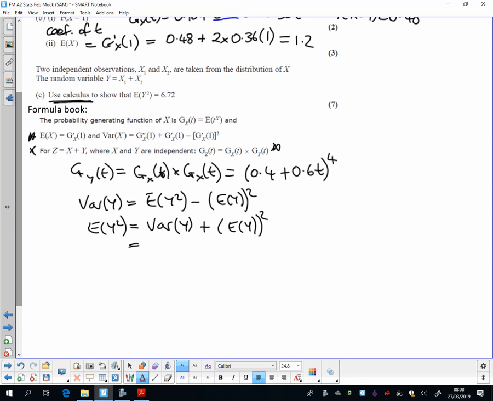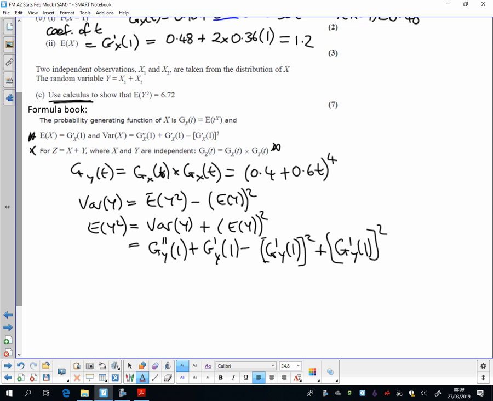The formula for variance is G double dash Y of 1 plus G dash Y of 1 minus G dash Y of 1 squared. The formula for the expected value of Y is G dash Y of 1, and then I want to square that.